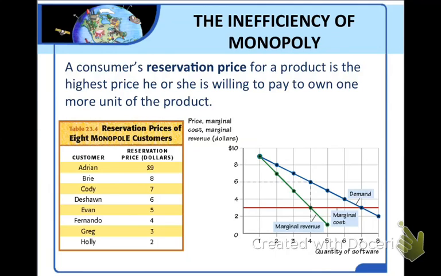Monopoly is wise to keep the price at $6 rather than paying the marginal cost of $3 to only gain $1 in revenue. Because you never want to sell something if the marginal cost of producing it is greater than the marginal revenue you receive from selling it.